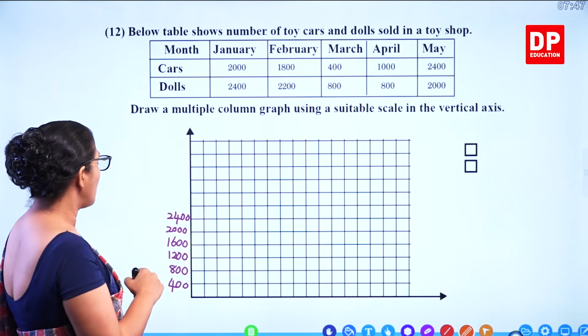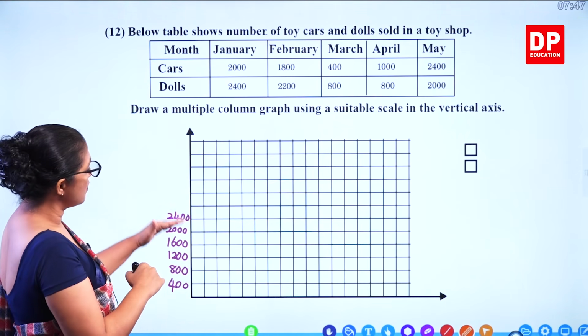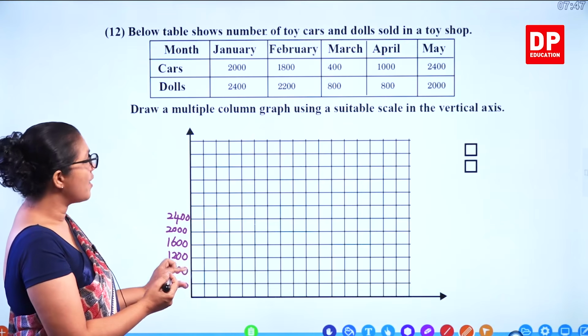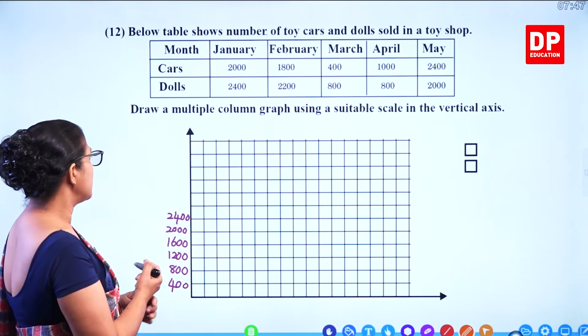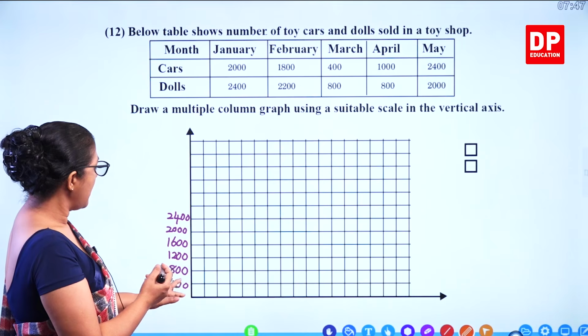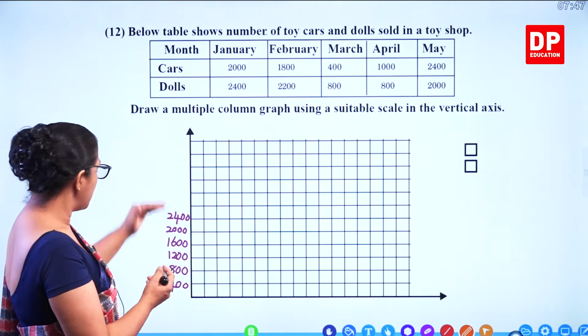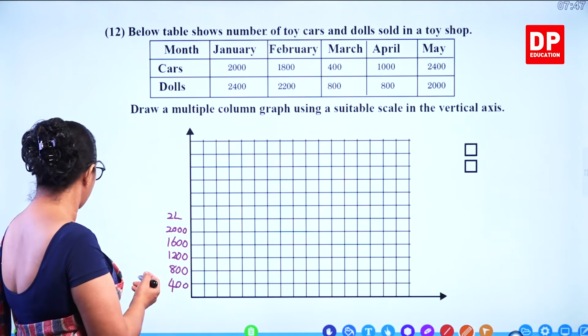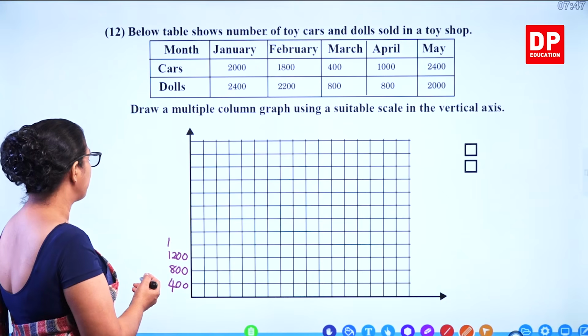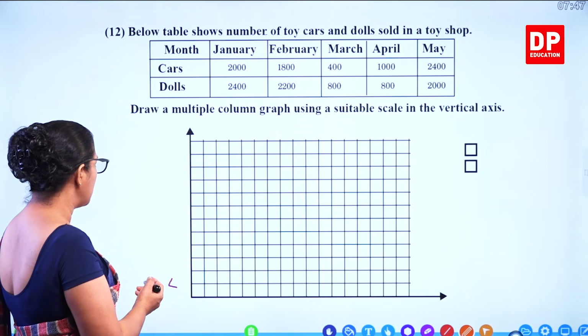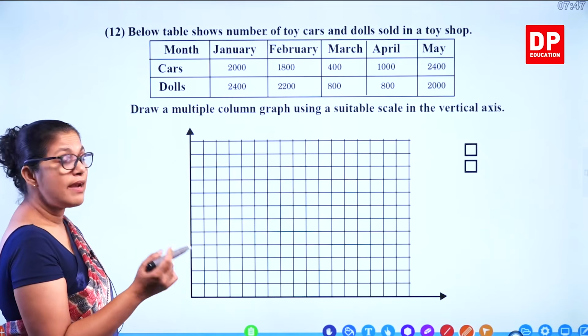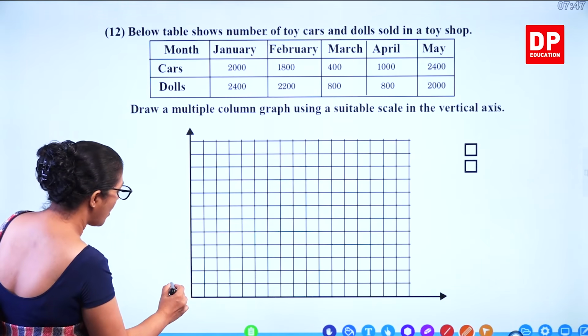So if you take 400s, this is a small graph. You can take 200 also. So we'll take 200s, you get double. So we'll take that one. You can see whether it's a very small graph or a big graph. Accordingly, you can adjust the scale. So I'll take 200 each then.